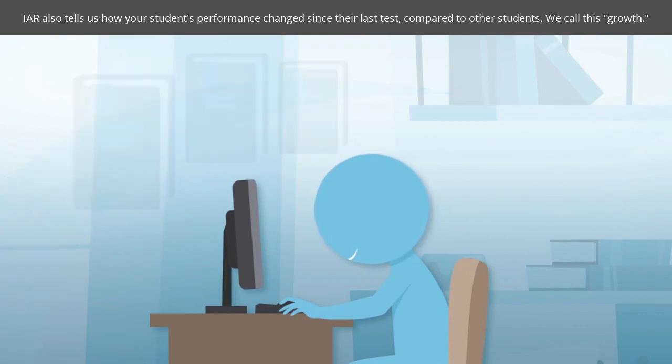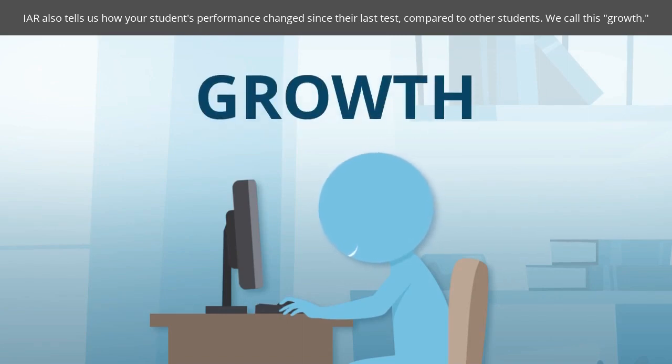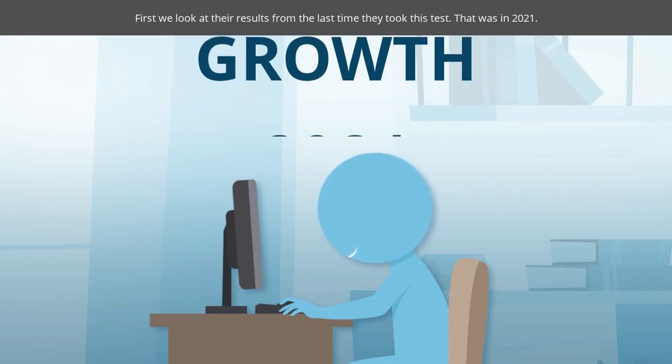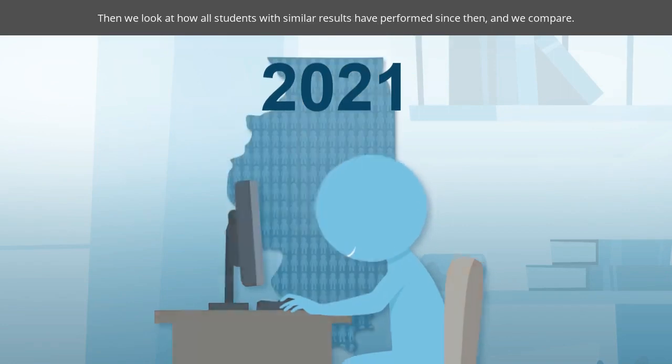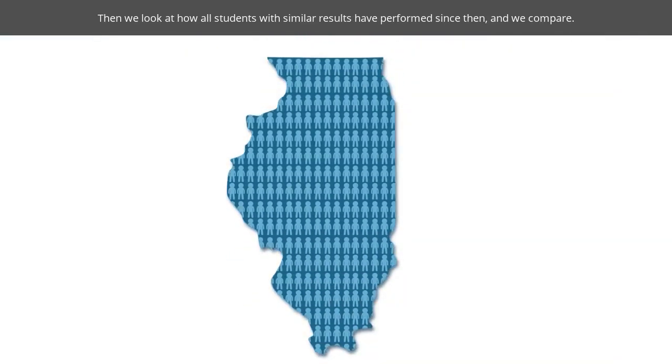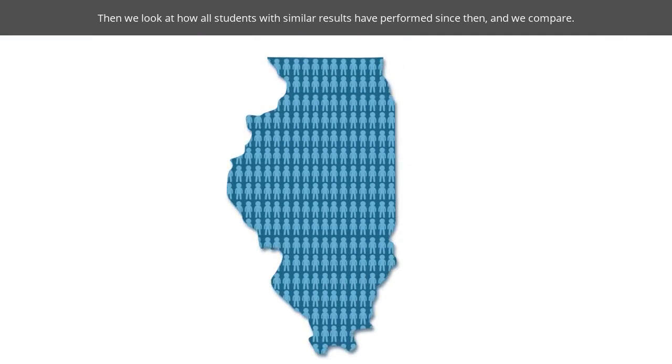IAR also tells us how your students' performance changed since their last test, compared to other students. We call this growth. First, we look at their results from the last time they took this test. That was in 2021. Then, we look at how all students with similar results have performed since then, and we compare.